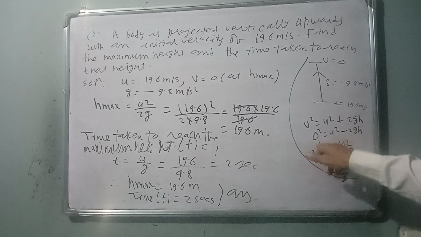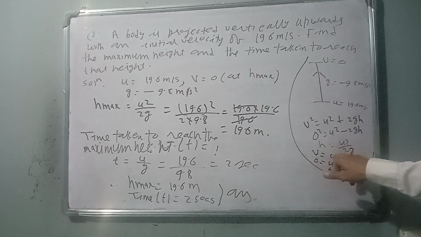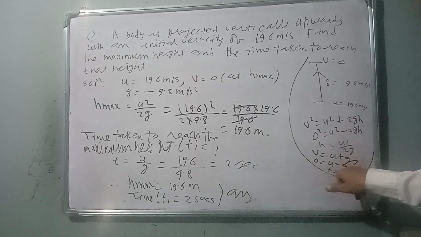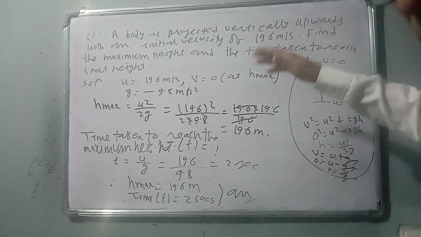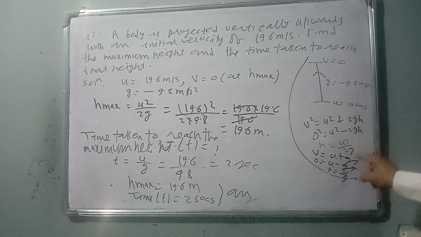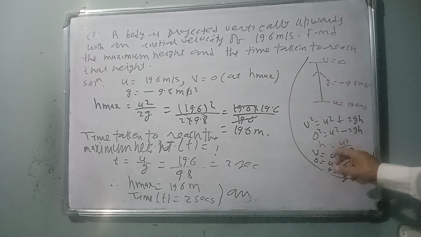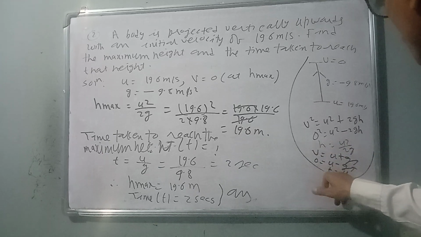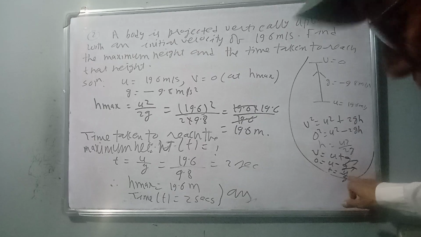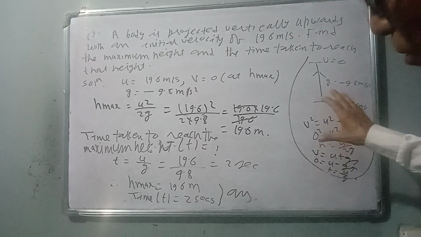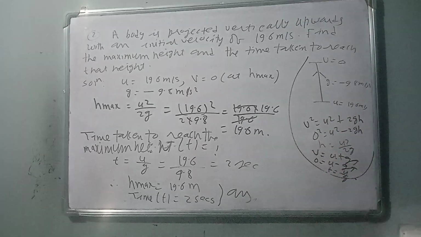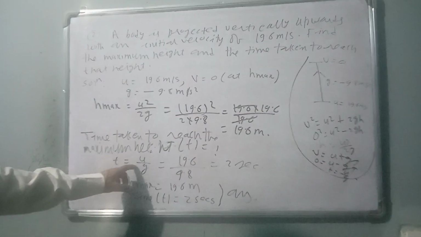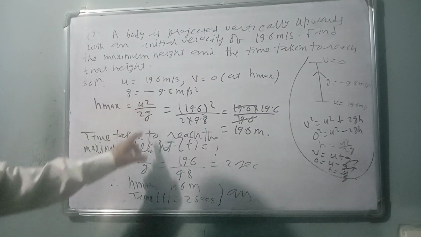Don't be confused. V is 0. For upward motion, U is always positive and g is negative, from where you can derive t equals U by g. If you have forgotten, derive it, but directly we can use t equals U by g and H max equals U square by 2g.